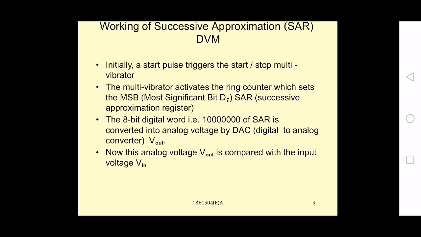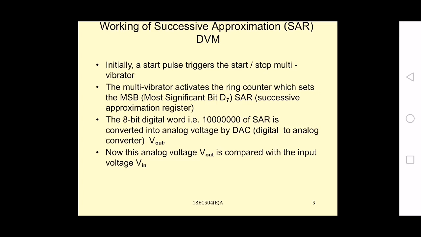So, working. Have you already written the block diagram? In that block diagram, the purpose of this start and stop pulse is to trigger the start and stop multivibrator, which activates the ring counter, which sets the most significant bit, as it is mentioned in the block diagram also.